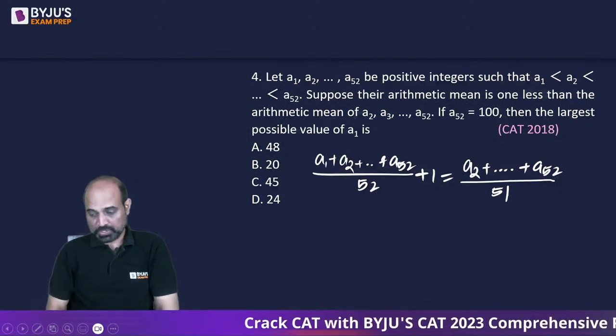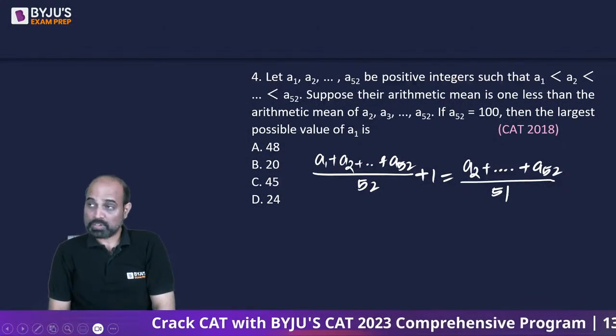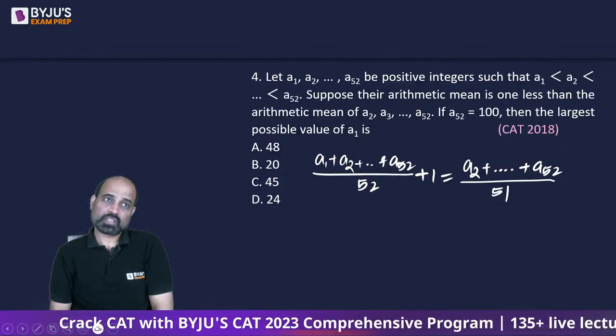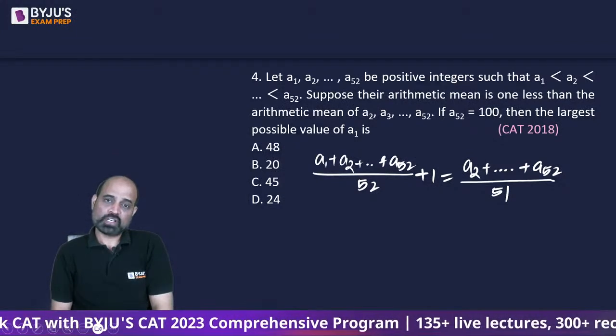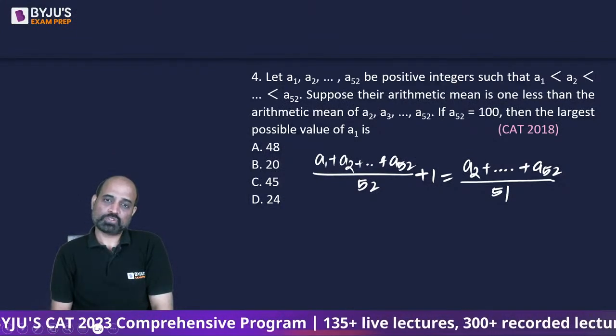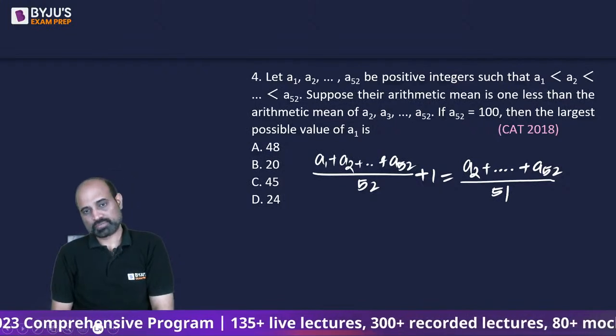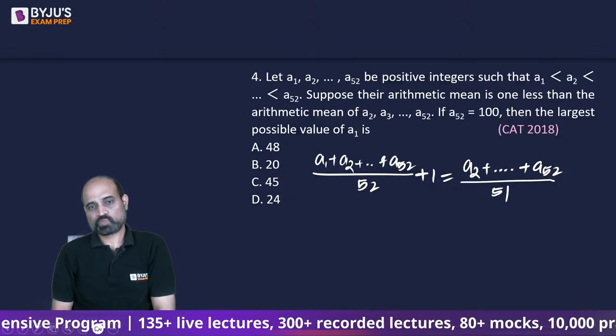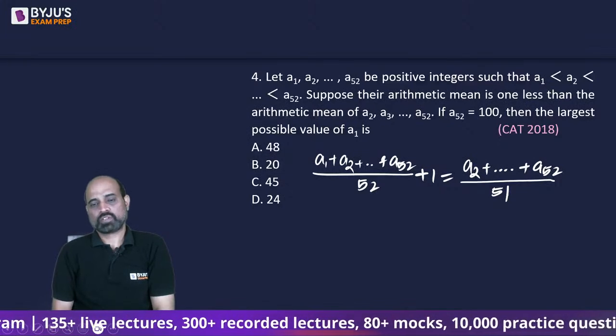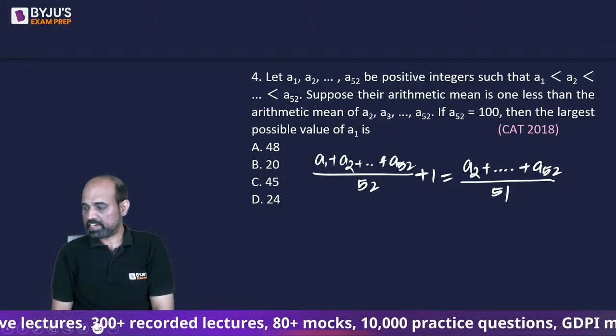And 52 numbers would mean that there are going to be 51 jumps, and they all are supposed to be positive integers.